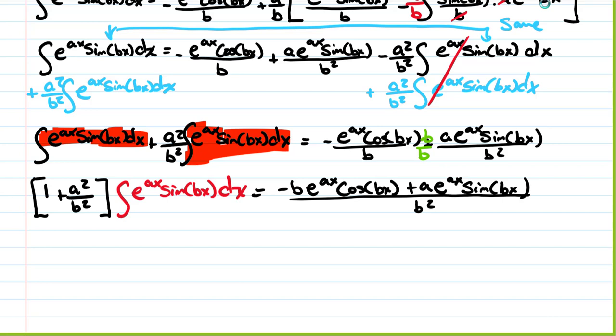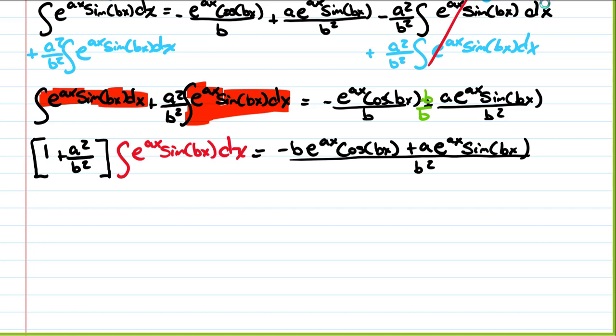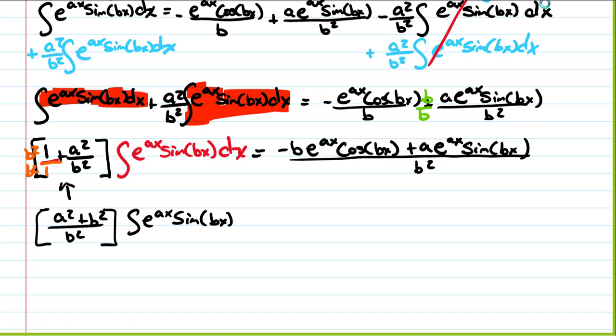So now we can do something similar to this piece right here, getting a common denominator. Our common denominator would be b squared, right? So then that would leave me with a squared plus b squared over b squared times our integral e to the ax sine bx dx equals this.